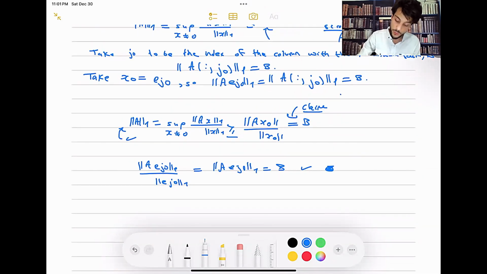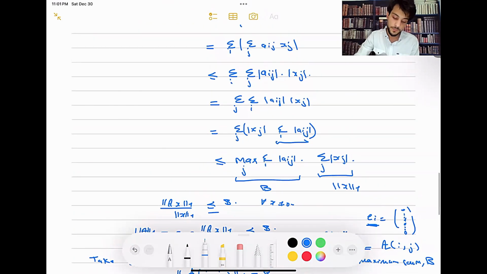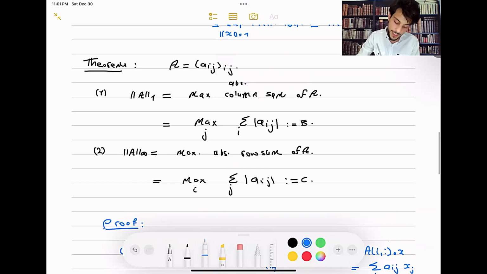So let us do 2 now. So on to 2, let's prove 2. Let's recall what 2 is. Observe that 2 is saying that the infinity norm of A is just the maximum over i of the row sums, and we're calling that value C for the sake of notation.